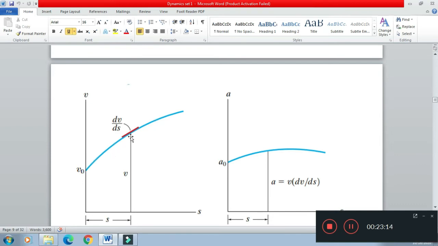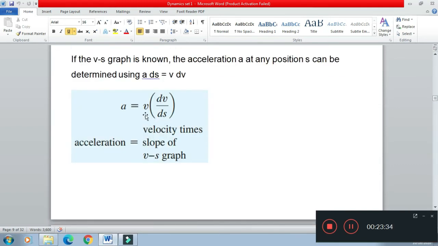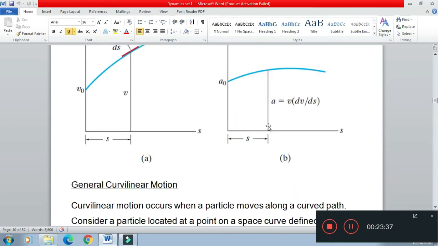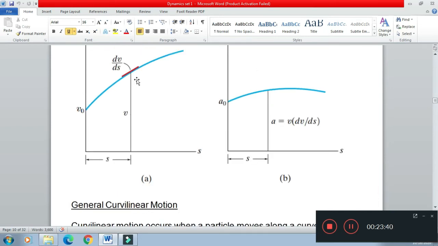Since we have the curve, we can find the slope of the curve at this particular location. Then we multiply with the velocity at the same location where we are calculating dv over ds. The multiplication will give the value of acceleration at that particular position. Suppose dv over ds is 1 and velocity is 20. So acceleration will become 20 at this value of s.